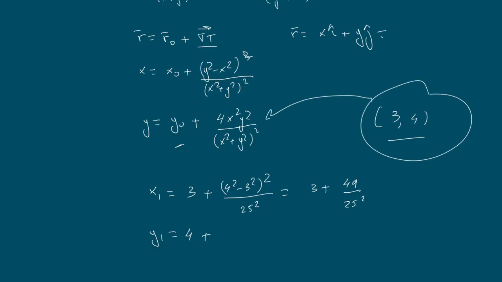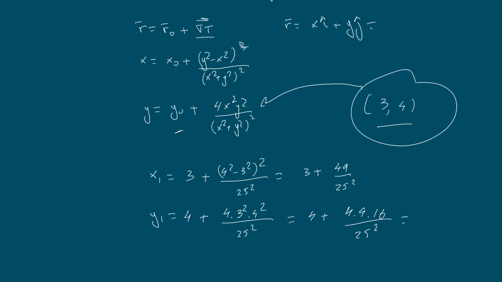The value of the component is 4 by 3 squared multiplied by 4 squared divided by 3 squared plus 4 squared, which is 5 squared, which is 25 squared. So this will be 4 plus 4 multiplied by 9 by 16 divided by 25 squared. So I have the second point.